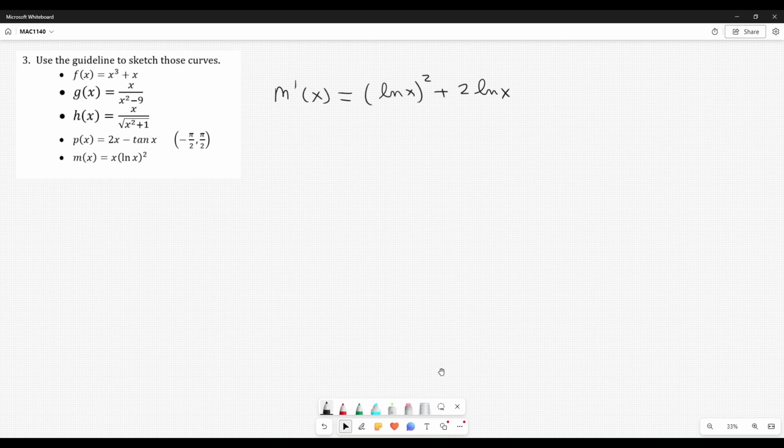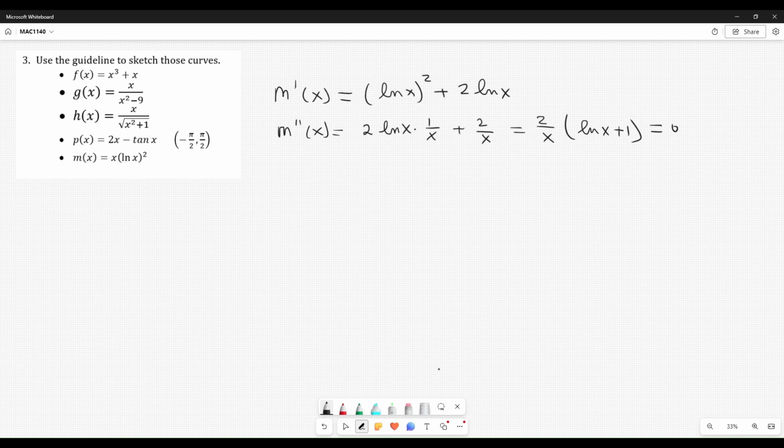Okay, now we compute the second derivative. The second derivative is 2 natural logarithm of x times 1 over x plus 2 over x. 2 over x is a common factor, ln x plus 1.